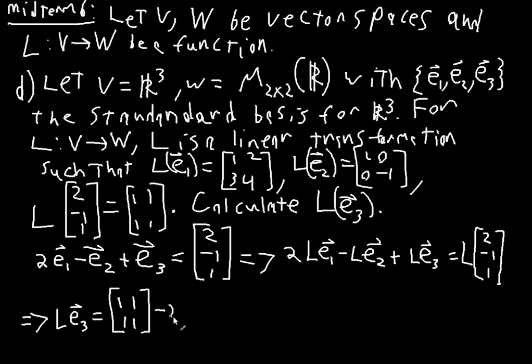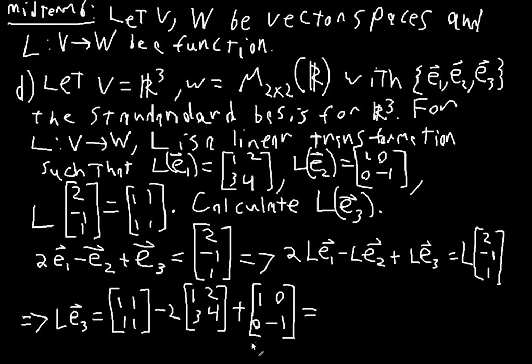So minus 2 times L of E1, which is (1, 2, 3, 4). And then we move over this expression and we get plus L of E2, so it's going to be (1, 0, 0, -1). Then all we have to do is a little bit of arithmetic.